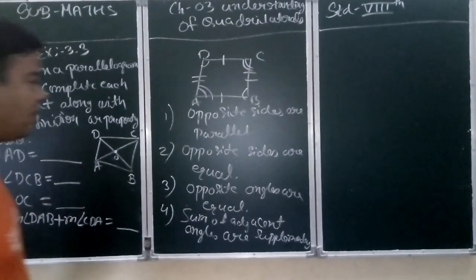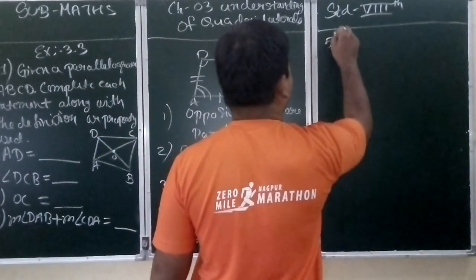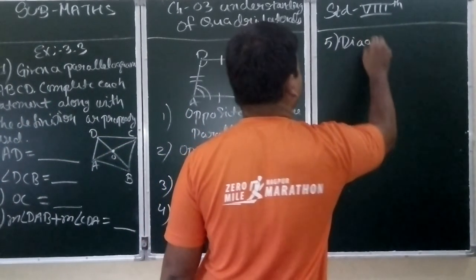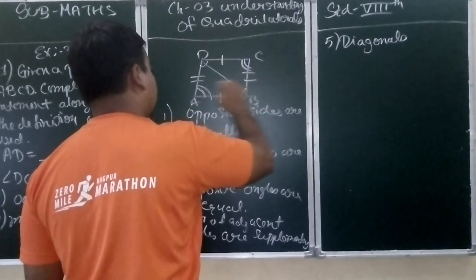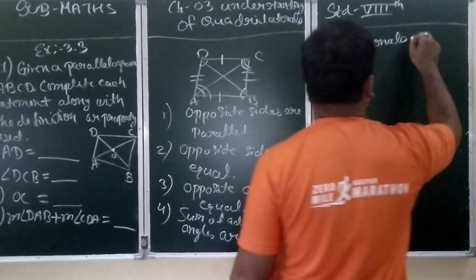Then the fifth is diagonals. Diagonals bisect each other.